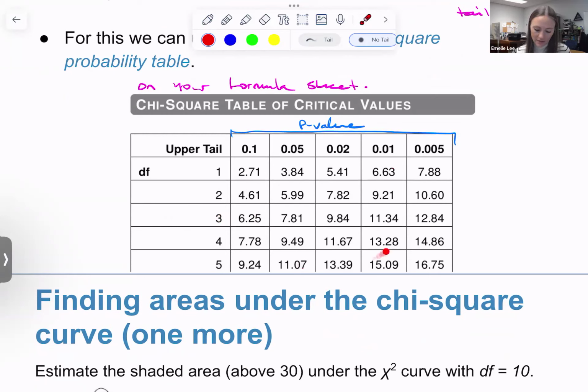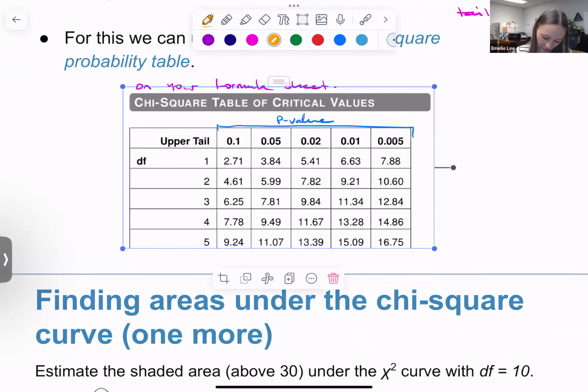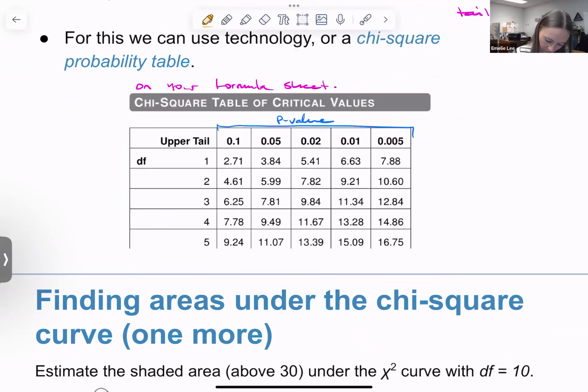Then what's in this table is very similar to the Z star line on the T table, only because I don't want to have it going across the next page. So these are chi-squared values.